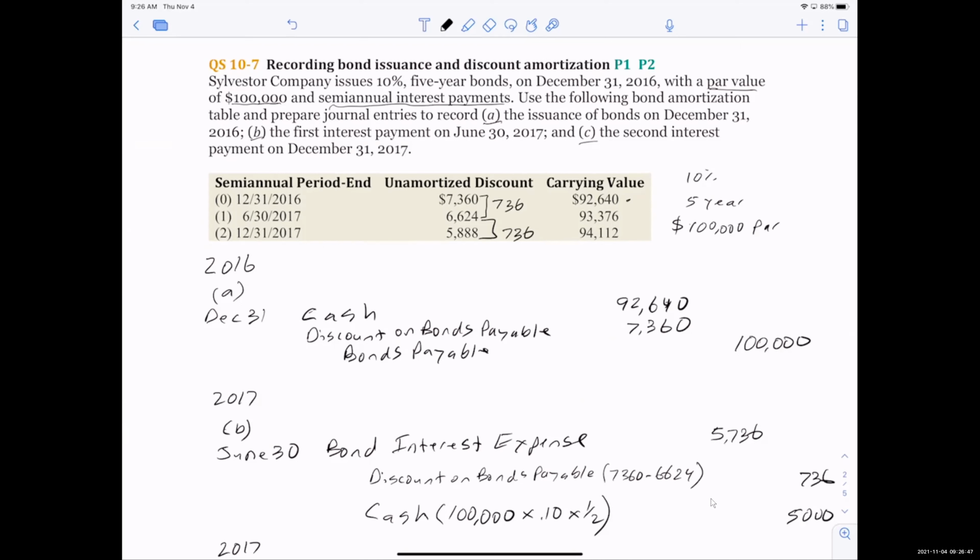So for a truck, we allocate depreciation. When we allocate a discount or a premium, they call it amortization. So it's kind of like depreciation, just a systematic allocation. Anyway, let's read about this.